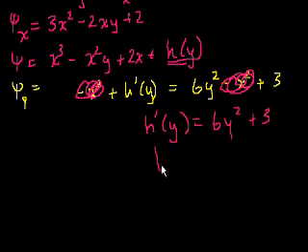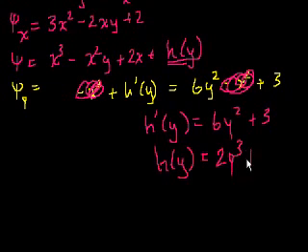Antiderivative. So h of y is equal to, what is this, 2y cubed plus 3y. And you could put a plus c there, but the plus c merges later on when we solve the differential equation, so you don't have to worry about it too much. So what is our function xi?